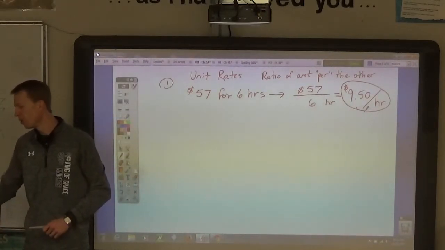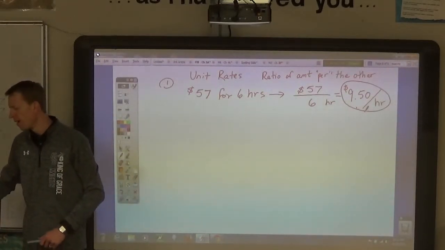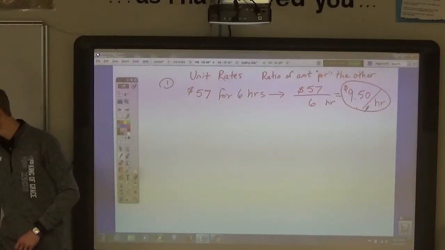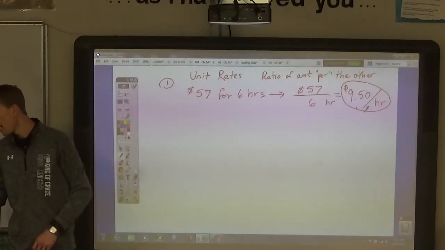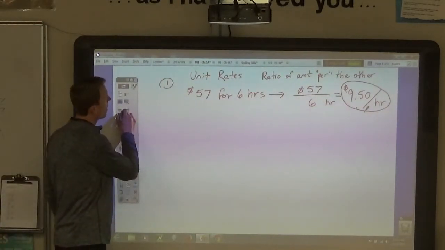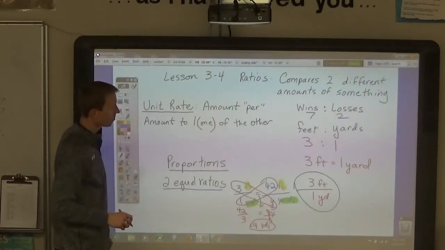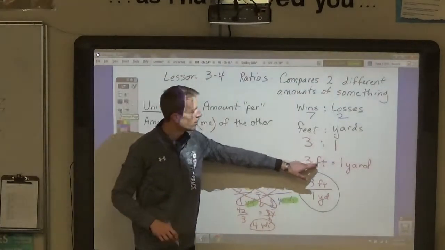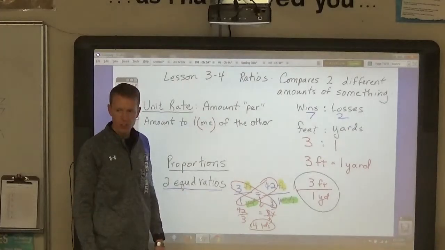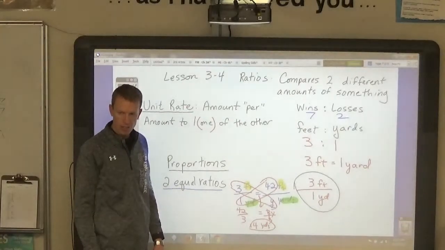Then let's skip to number 9. It says choose A or B for the correct conversion factor. When we go back to this, it's called a conversion factor for changing feet to yards, or yards to feet.